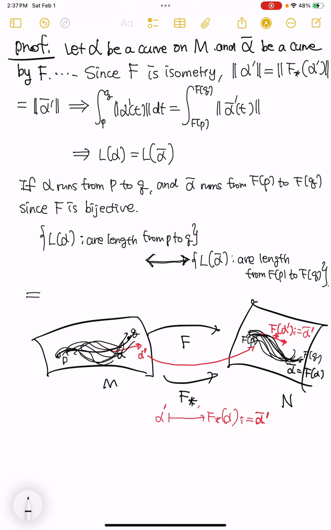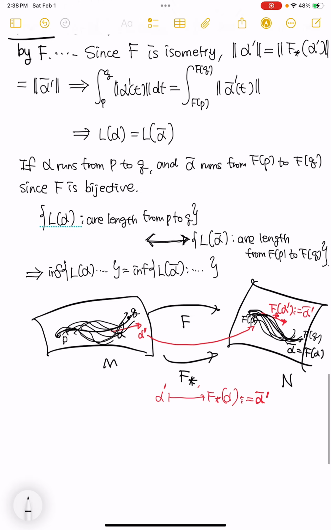So because of this relation, the infimum of L alpha is equal to the infimum of L alpha bar, because everything corresponds here.